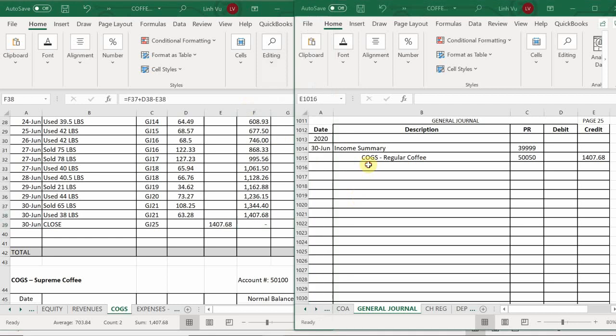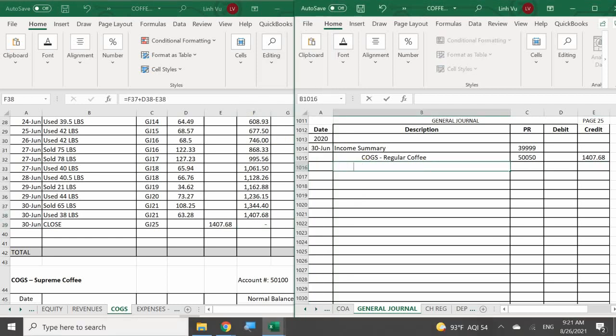Okay. Next account we have here is going to be the cost of goods sold for the Supreme Coffee, which is account number 50100.